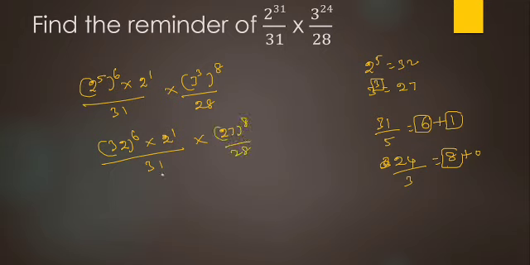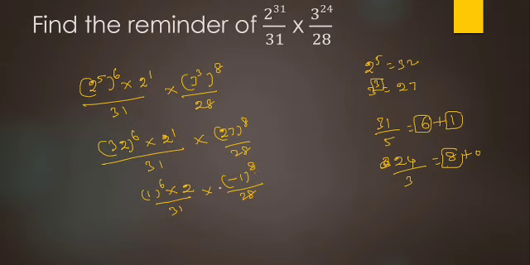Now 32 is 1 more than 31. So 1 to the power of 6 into 2 to the power of 1 divided by 31, into 27, which is minus 1 short of 28. So minus 1 to the power of 8 divided by 28. Now when we closely observe this, 1 to the power of 6 is 1, 1 into 2 is 2, and minus 1 to the power of 8 is actually 1 itself.